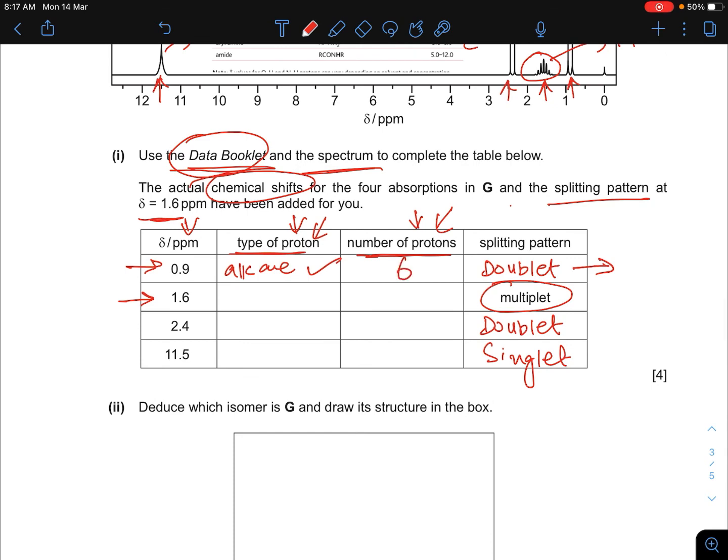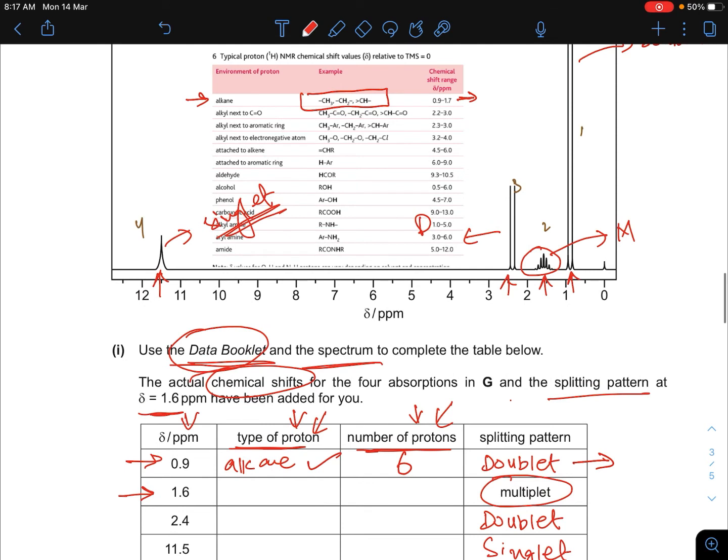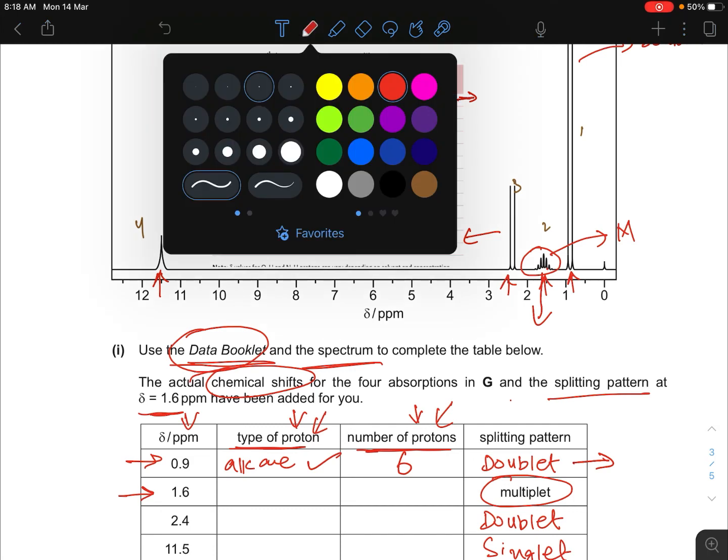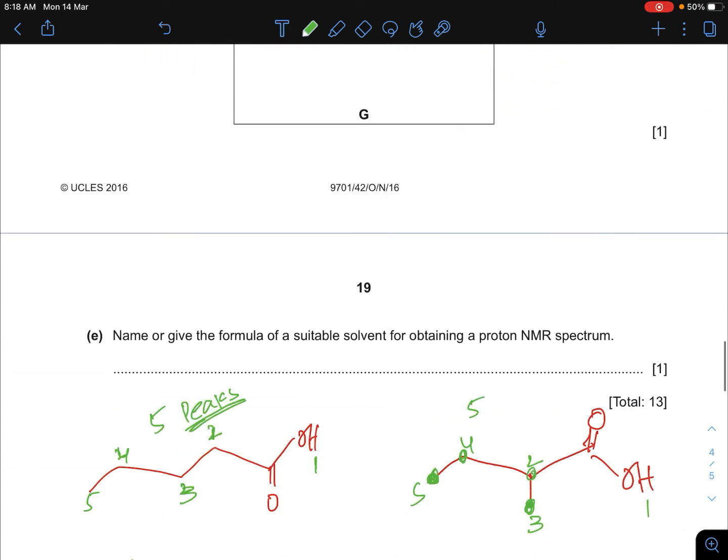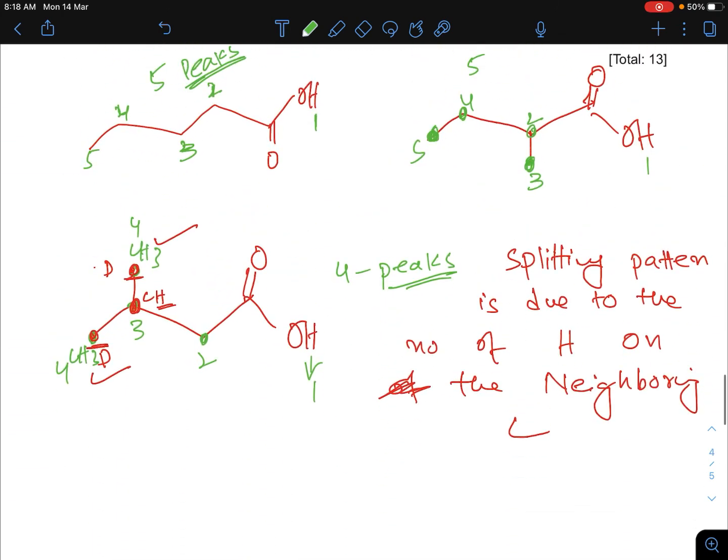Then at 1.6 we have a multiplet. Let me change the color of the marker. So this is 1.6, and we have a multiplet. A multiplet would be if we have more than 3 hydrogens on the neighboring carbon atom. If we look at this carbon, again this is an alkane.